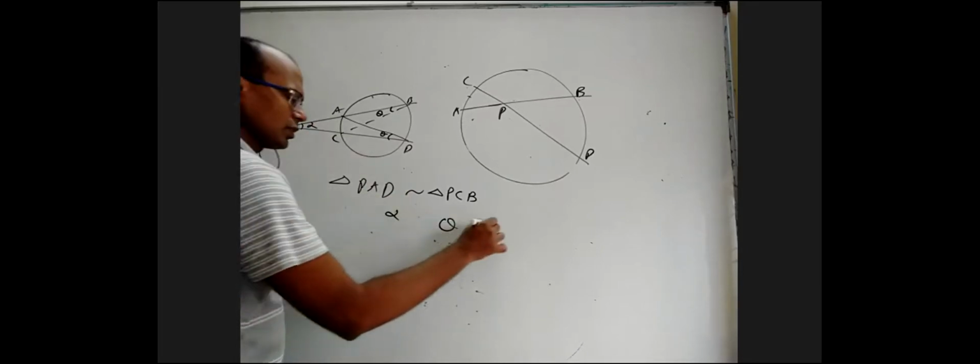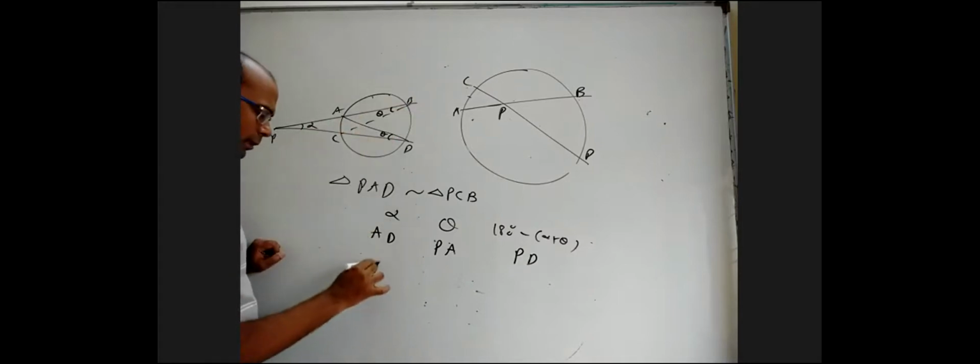Two angles are the same, so by AA similarity. For this and this, alpha is the angle, theta is the angle. Again, alpha, theta, and 180 minus alpha plus theta are the three angles. In the first triangle PAD, what is opposite to alpha? AD. What is opposite to theta? PA. What is opposite to 180 minus alpha plus theta? PD.